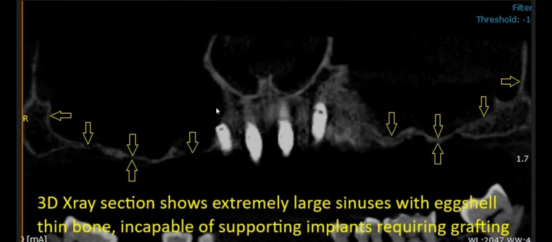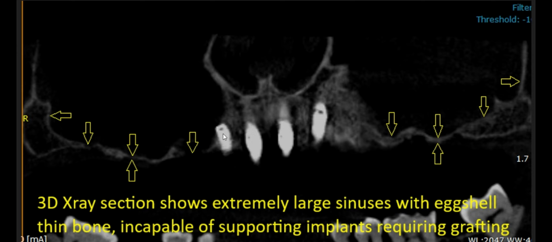Okay, so that last image was an OPG image, a two-dimensional X-ray. This is a similar image derived from a 3D X-ray, and what you can see very clearly is that short implant is protruding a little bit into the sinus. Nothing particularly wrong with that, but the implant is short, so it's not going to be able to support things as well as a longer implant or a wider implant.